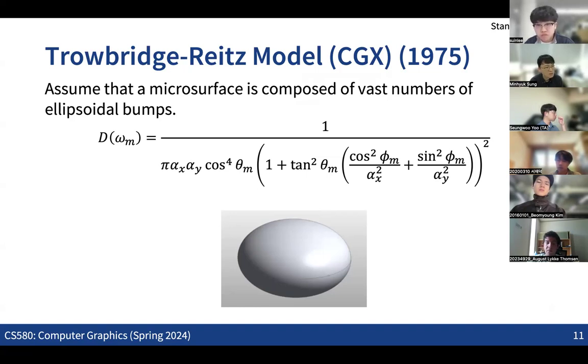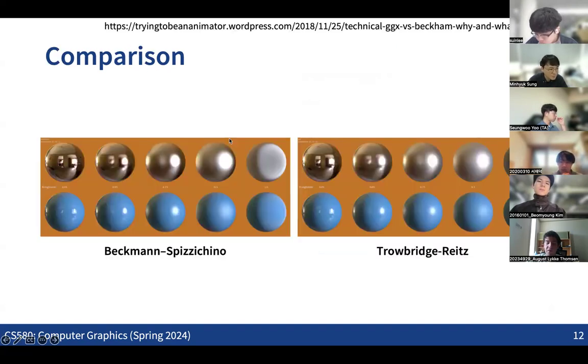For those cases, we can also see this distribution function, which can be controlled by the parameters alpha x and alpha y here. Those are some specific cases of defining the microfacet distribution functions.